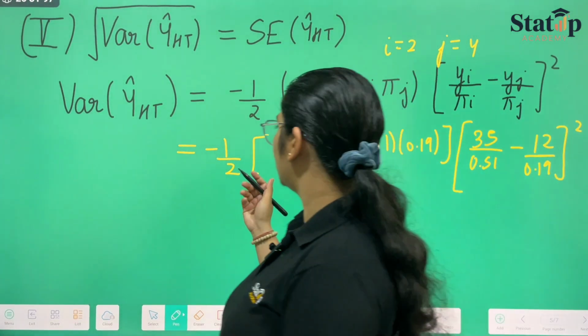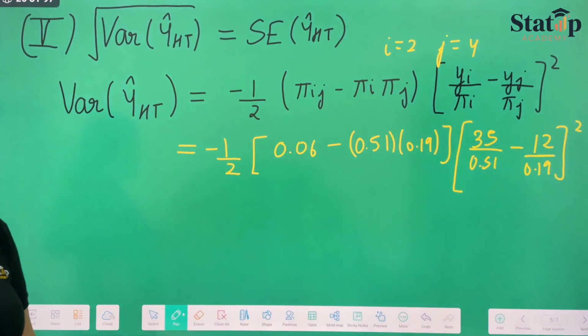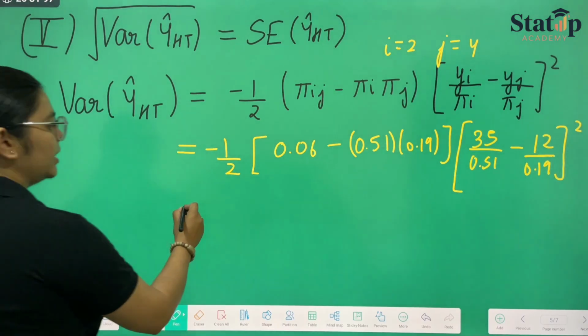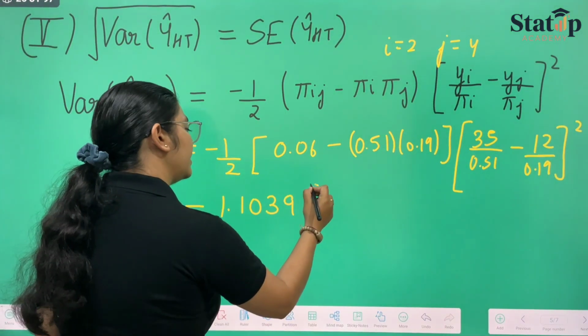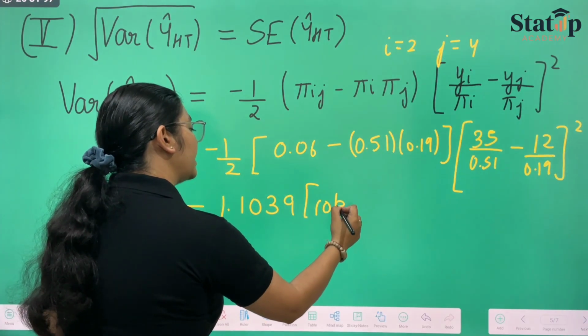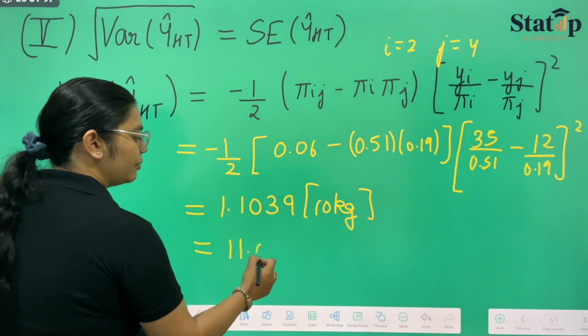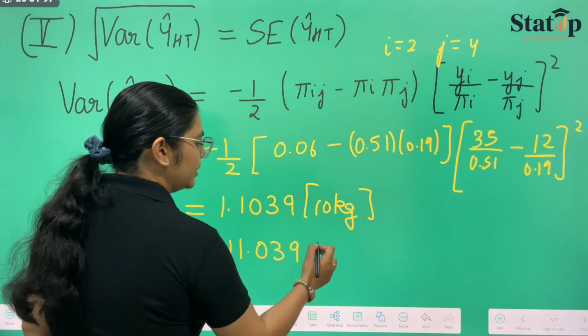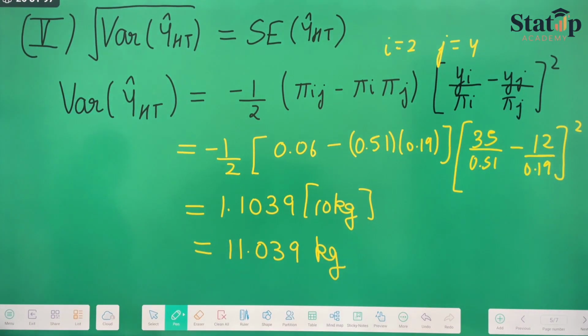On solving this, the minus and minus will cancel, and it will give us a positive sign. This will be 1.1039 in 10 kgs. We have to mention this, or otherwise we have to write 11.039 kgs. Okay, this is the variance.